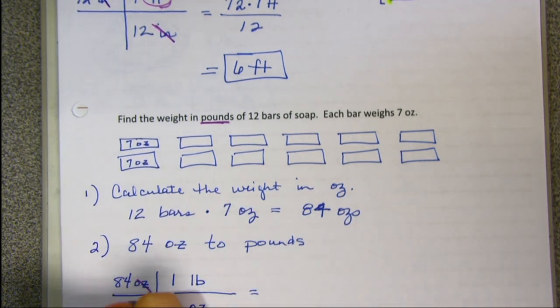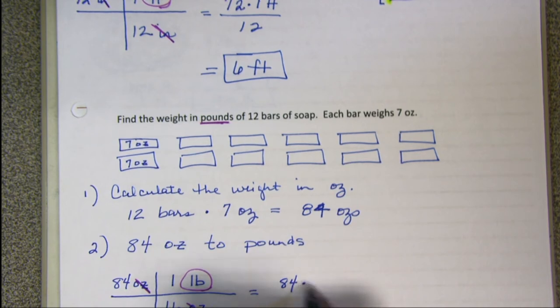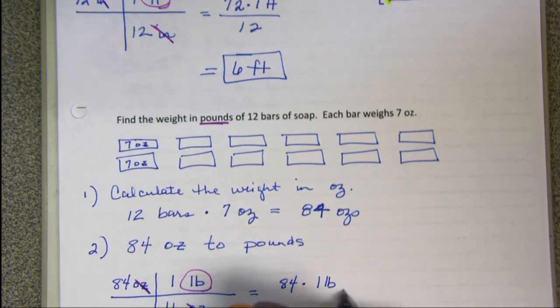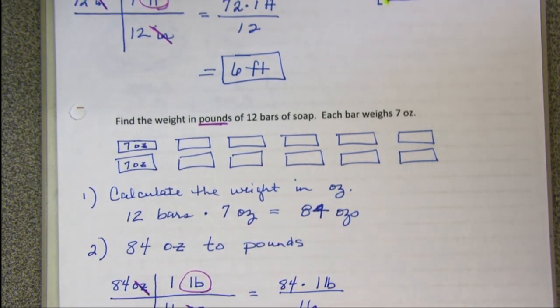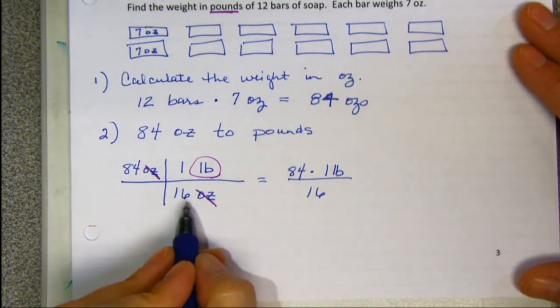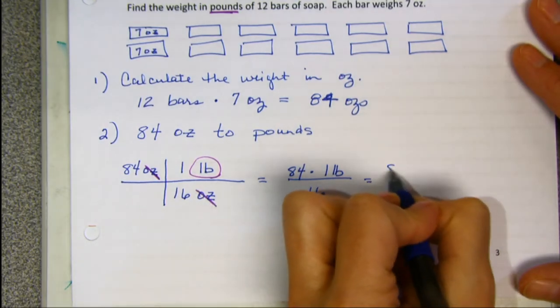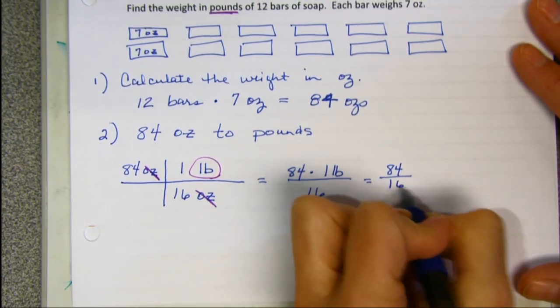So ounces have canceled, I'm left with pounds. So I have 84 times 1 pound over 16, and remember it's not 16 ounces because ounces have been canceled. So I have 84 over 16 pounds.